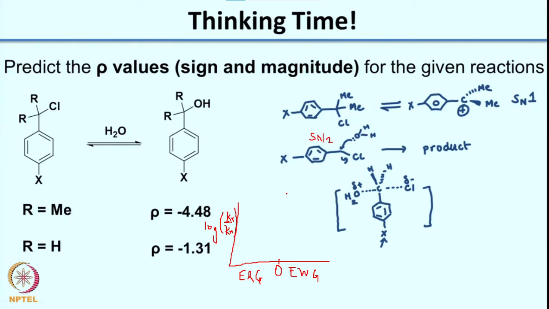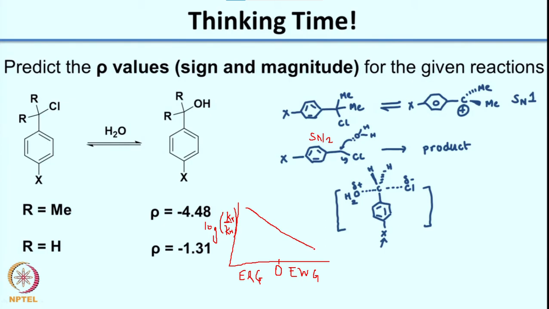Here we have carbocation formation in the case of methyl. That means it will get more stabilized by the electron releasing group. So that's why it will give this type of negative slope.